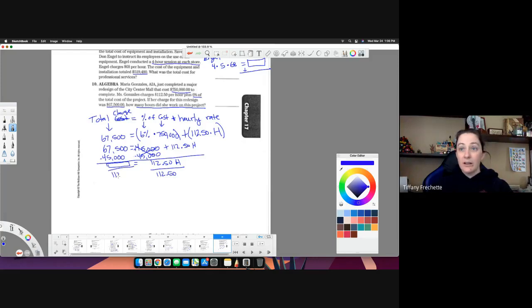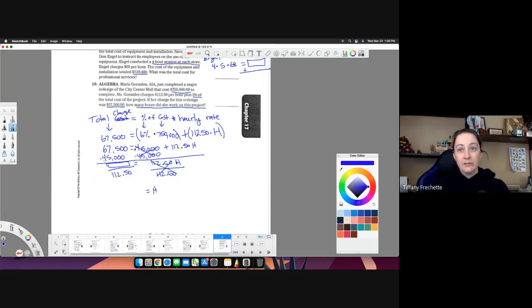We're just going to divide on both sides here. And on this side, any number divided by itself doesn't become 0. It becomes 1. We don't want it to become 0 because then 0 times H would be 0 and H would disappear. We definitely want H to stay there because at the end, we want to have H equals, we want to know how many hours she worked.